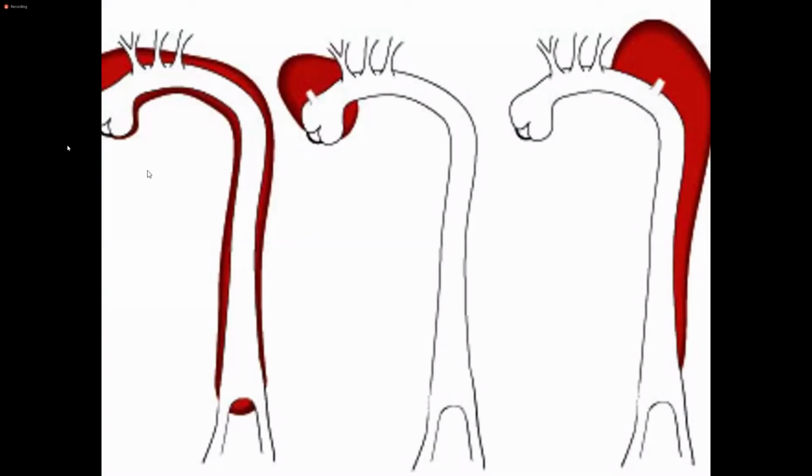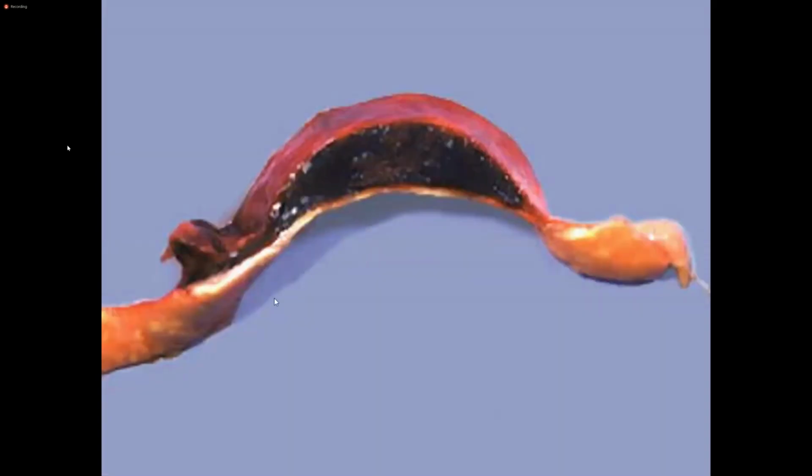And this is type B, which involves the distal part of the aortic arch and the rest of the aorta. So what happens in these cases?